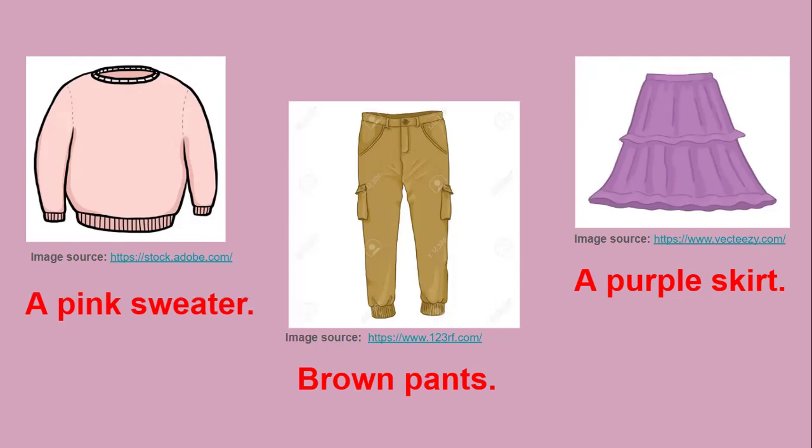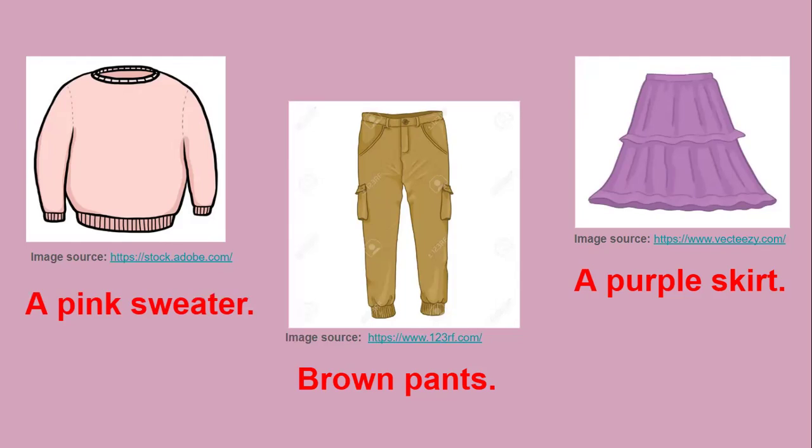All right, everyone. So this is the end of Unit 6 on clothes. In this unit, we learned how to say the basic clothes, and also we used the colors we learned in the previous unit. We learned how we can say clothes and their colors.